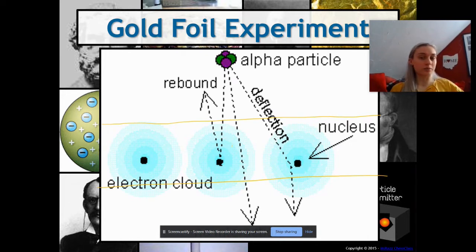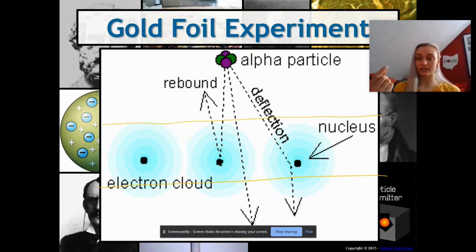I don't know if you guys are familiar from physical science, or if you did atoms before I got there. I'm not really sure, but atoms have a small nucleus, and then it's mostly made up of these electron clouds, which are mostly empty space. I'll get to how Rutherford determined that. But these are just the atoms of the gold foil.